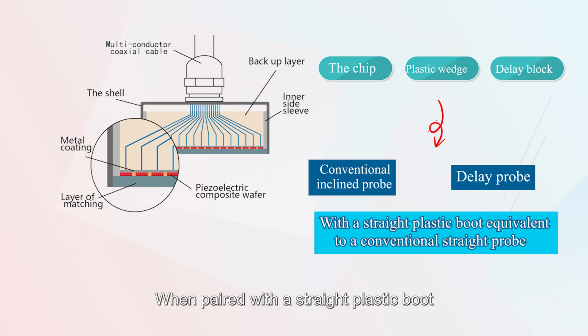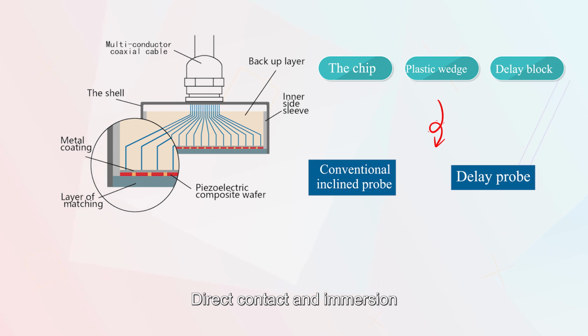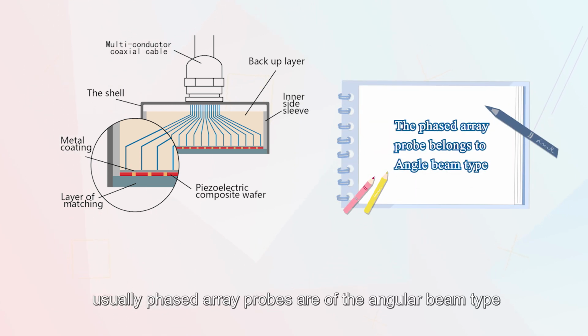When paired with a straight plastic boot, this is equivalent to a regular straight probe. Direct contact and immersion probes can also be designed. Therefore, usually phased array probes are of the angular beam type.